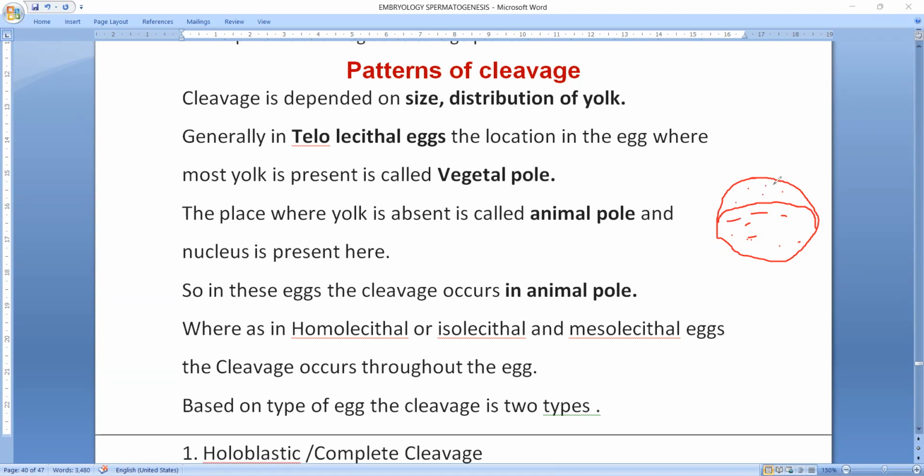So the cleavage occurs only in this area where cytoplasm and nucleus are present. So the cleavage occurs at the animal pole. This is the vegetal pole, right? So that is the meaning of that word.